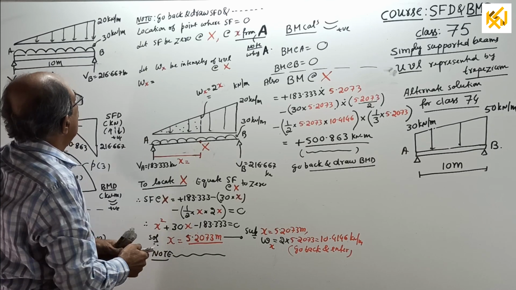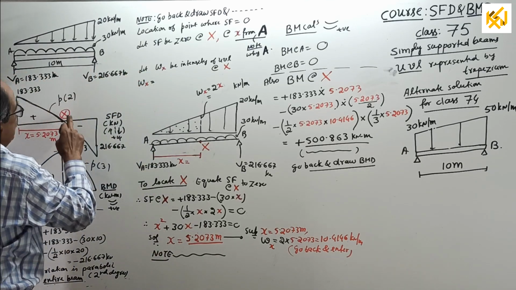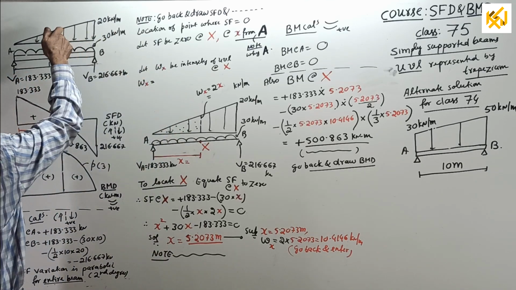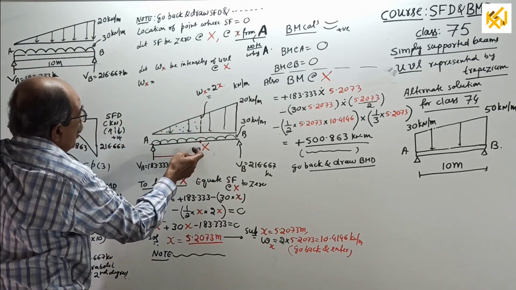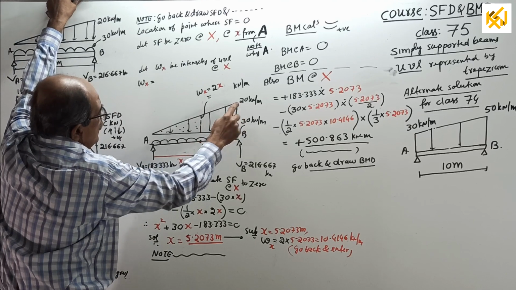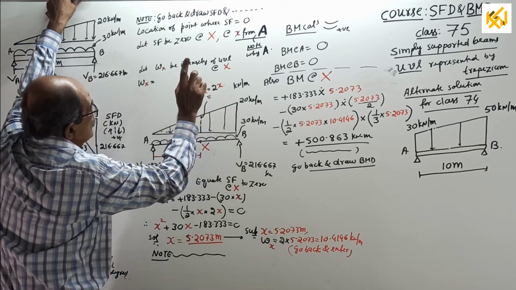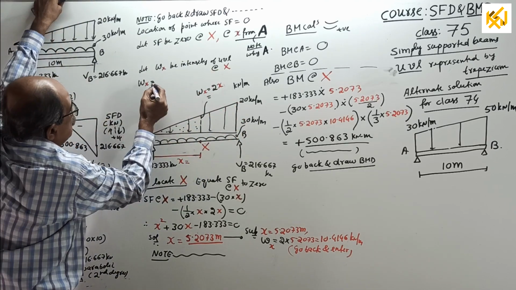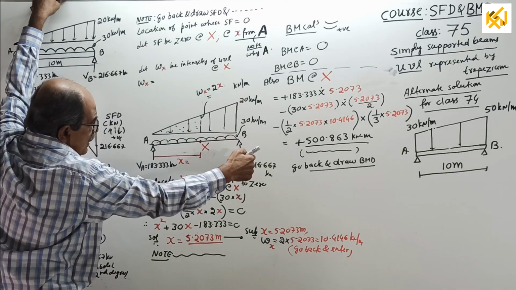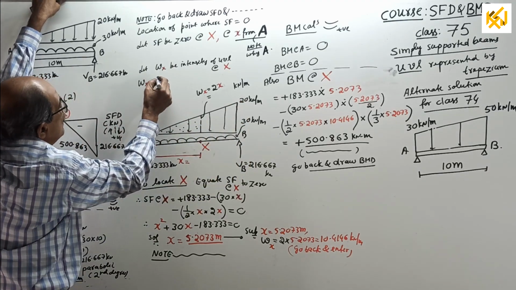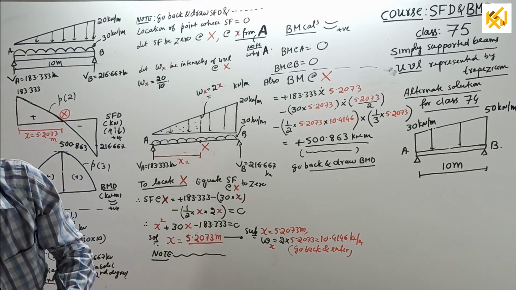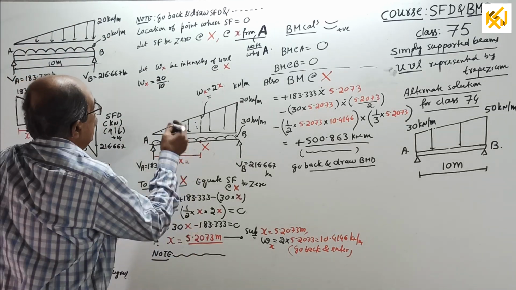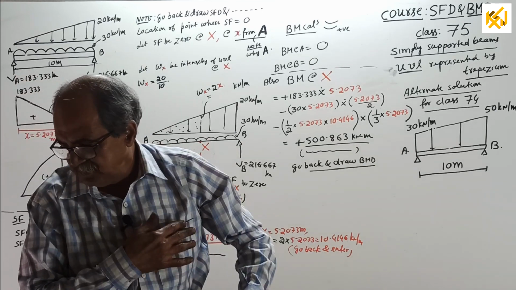Okay, now, let Wx be the intensity of the UVL. You can write here only. I do not want to disturb this diagram, so I wrote one more diagram here. All this you can enter there. See, 20 here, at X, Wx. Okay, now, Wx equal to 20 by 10 into X. This I will not tell, because there is a limit for explaining.